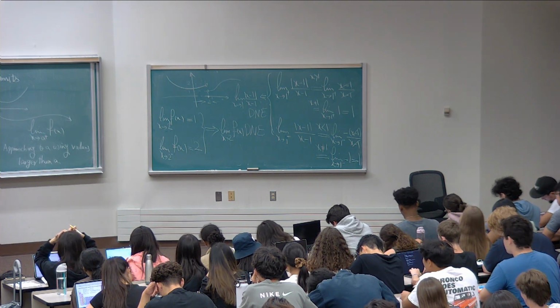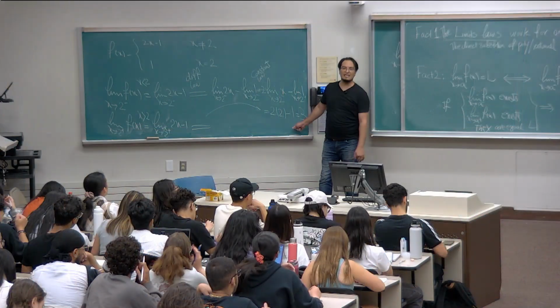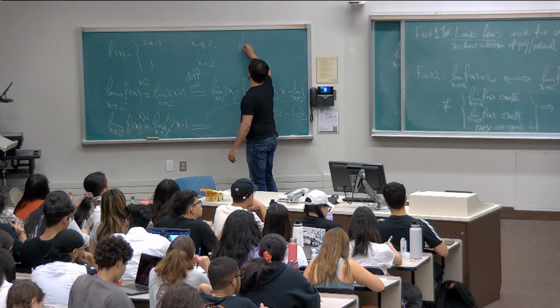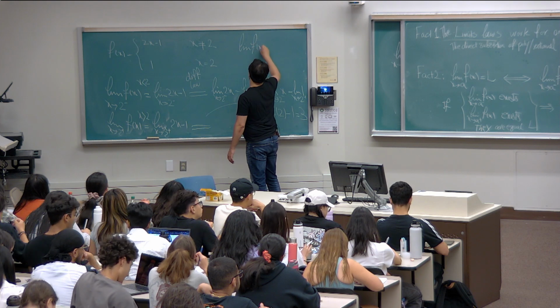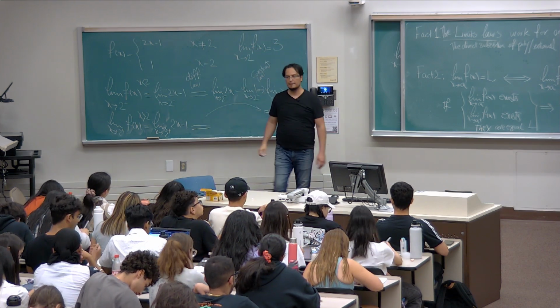How about this guy? Left exists, right exists, they are equal. So then the limit of f of x as x approaches 2 is the same number.